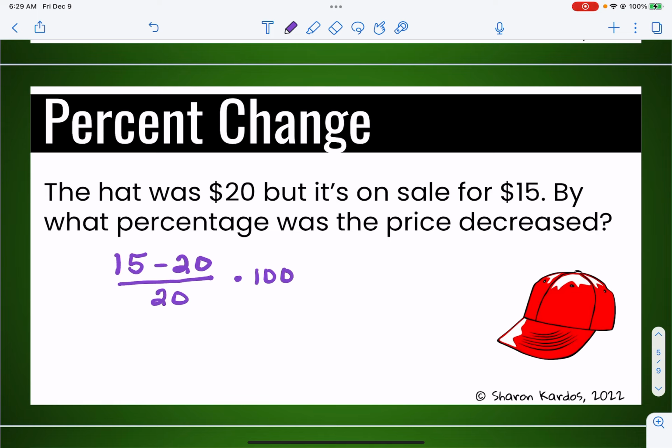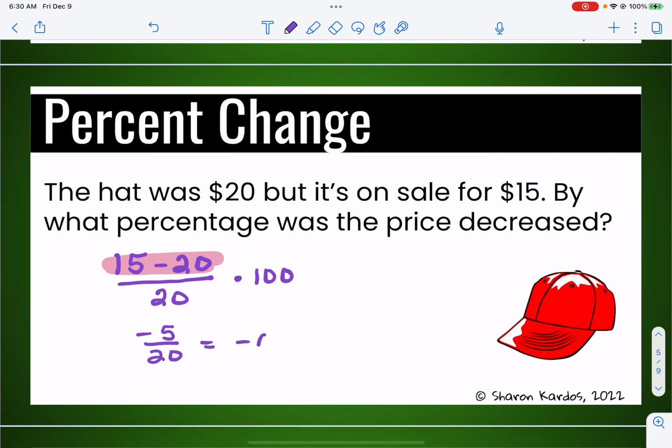Okay, hopefully you did that on your own on the computer, and now we can check it to see how you did. So when I subtract, 15 take away 20, because I'm going to take care of what's in the numerator here first, would be a negative 5 over 20. And when I do that on my calculator, I get a decimal.